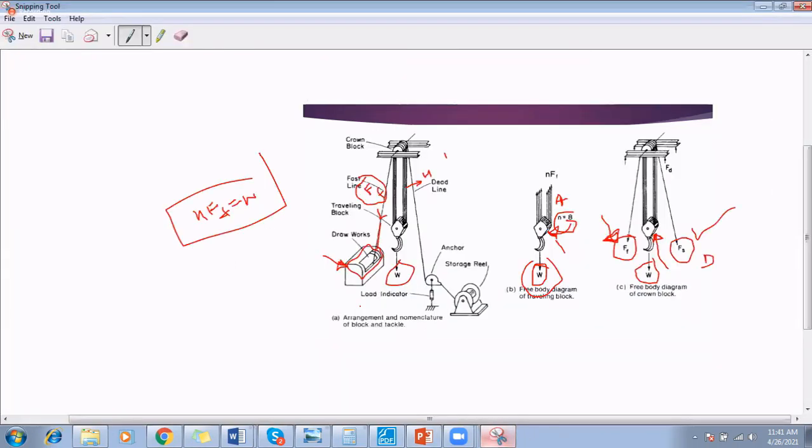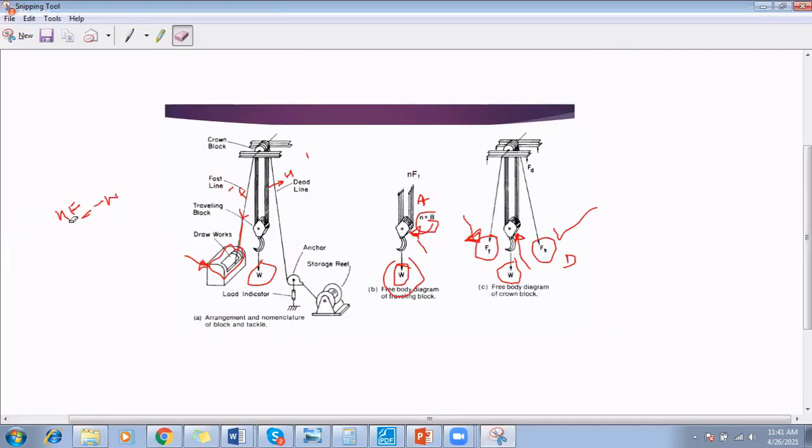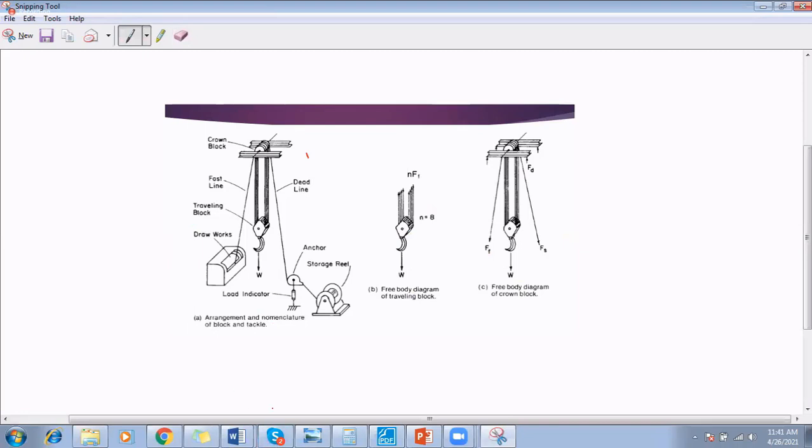So from where are you actually providing the input power? Let me clean this. Okay, let's see. Now you can see that the arrow is also mentioned here.